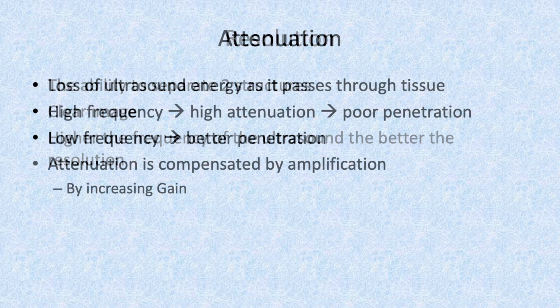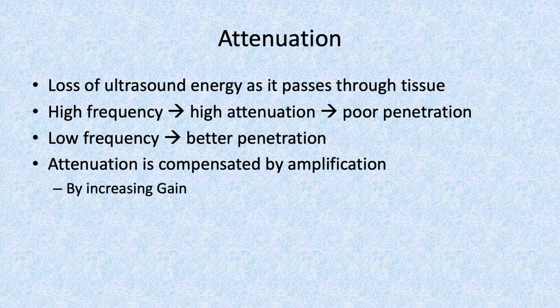But then the ultrasound wave gets attenuated, meaning the wave will die off as it goes deeper. For example, if you're scanning an abdomen or lung, as the ultrasound penetrates deep into the structure, the wave dies off. The higher the frequency, the more the attenuation.